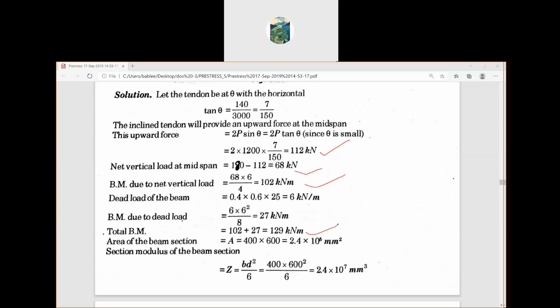So once we know the total bending moment, what is our area? These things you know already, your section modulus BD square by 6. Then you can find out the total stresses developed at the top and bottom. Total stress is P by A plus minus M by Z. Here there is no eccentricity, so the stress due to eccentricity is absent in this case.